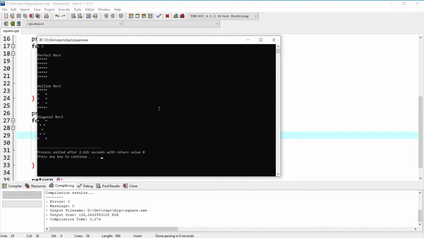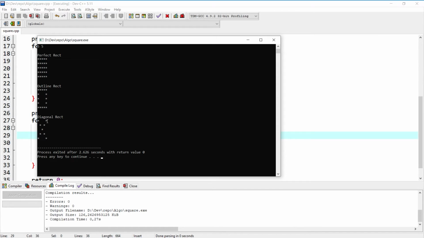5 and 5. Okay, you see, whenever my j is equal to width minus i. So here i is 0, the width is 5. 5 minus 0 is 5, and minus 1 is 4.